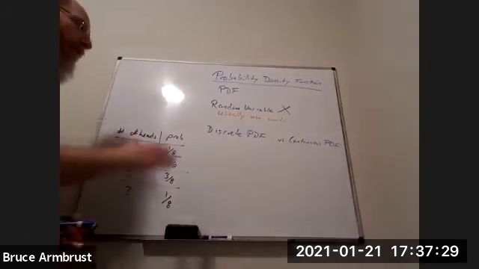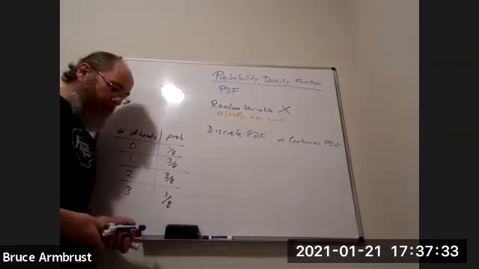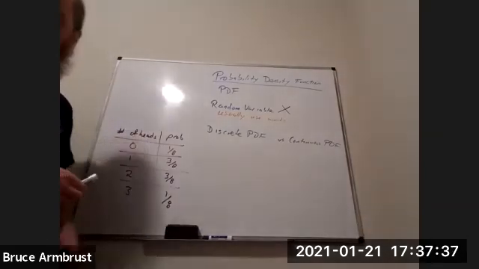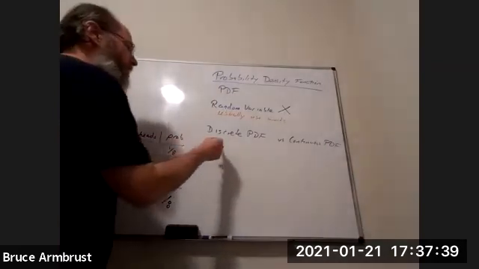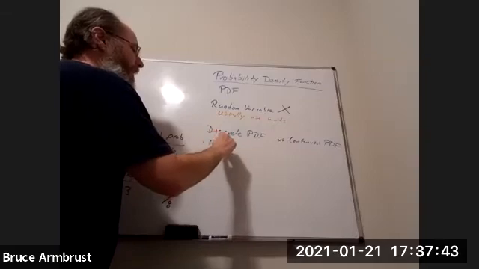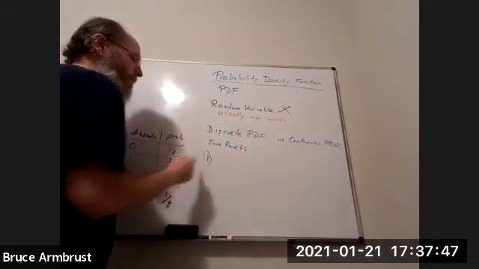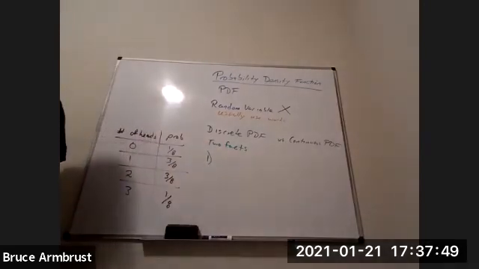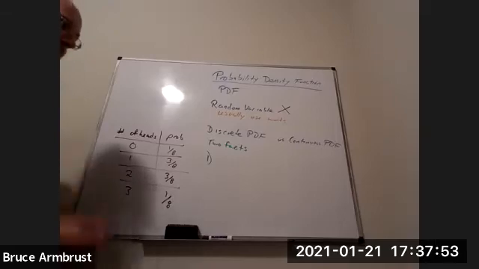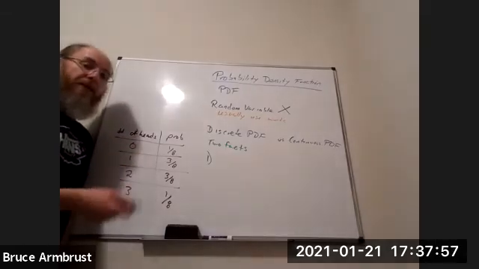Now, if you have a discrete probability density function, 2 things have to be true. So I guess these are going to be 2 facts for discrete PDFs, right? The first is that the probability of each outcome is between 0 and 1.